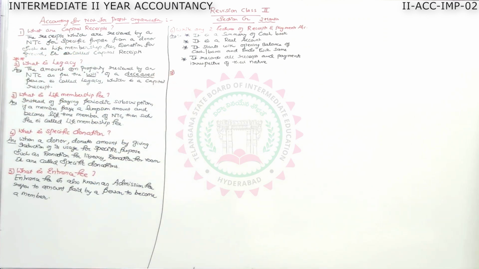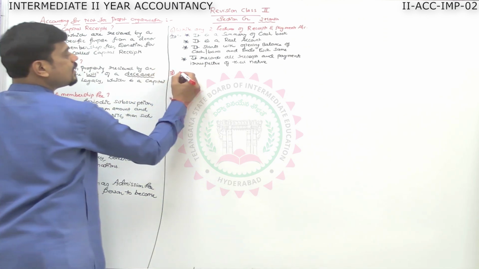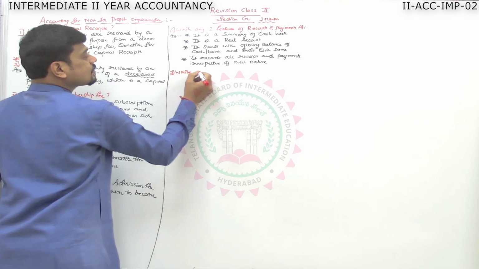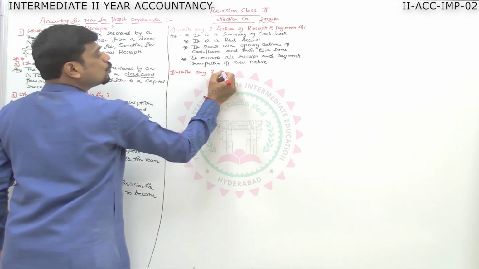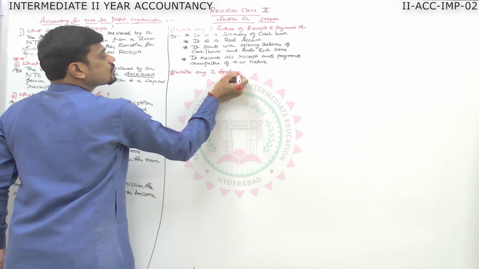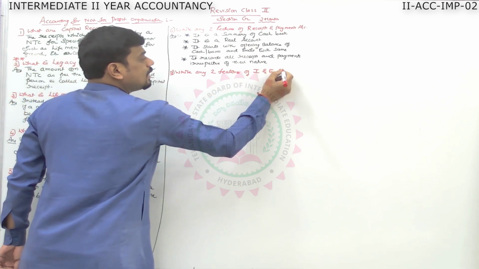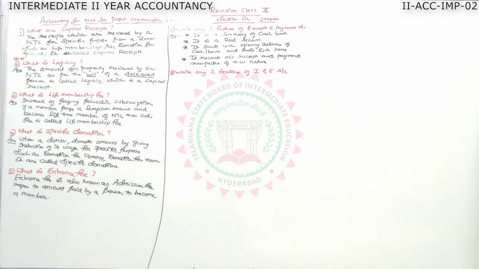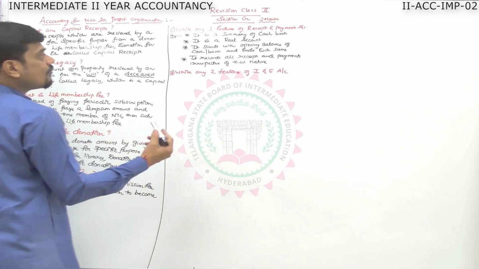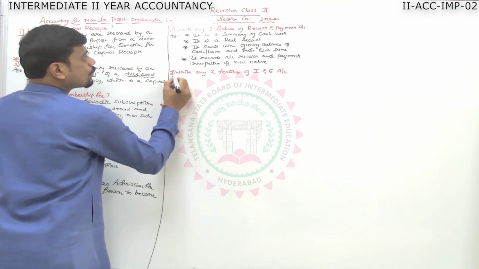Next, what is the important question? Similarly, they may ask you, write any two features of which account? Income and expenditure account. I and E is nothing but income and expenditure account. Again, how we are going to write the answer?